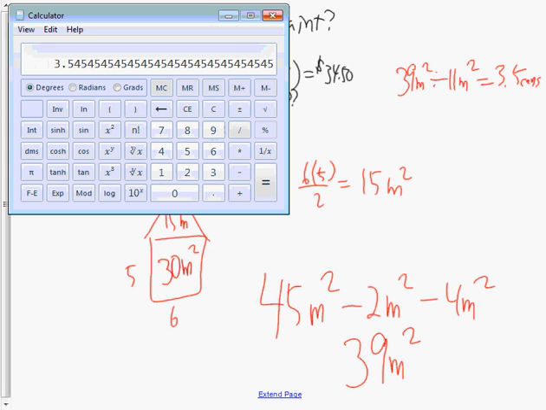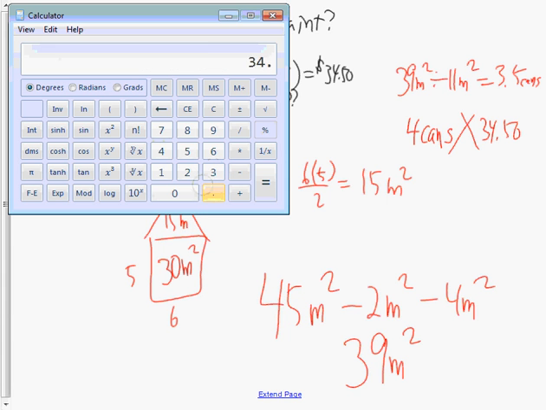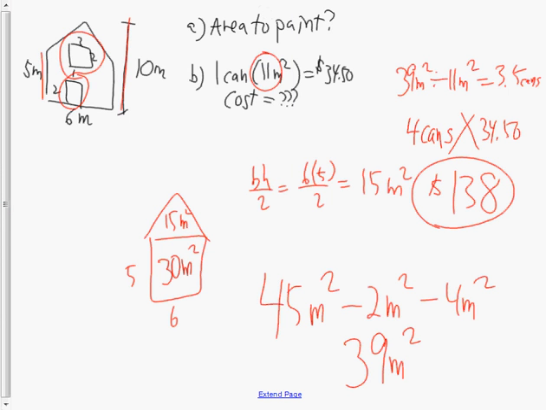Now I can't buy half a can, it's impossible. So you have to buy 4 cans as the answer. But 4 cans multiplied by a cost of $34.50 each. So $34.50 multiplied by the 4 cans I have to buy. The final answer is $138 is the cost for painting the front of my house.